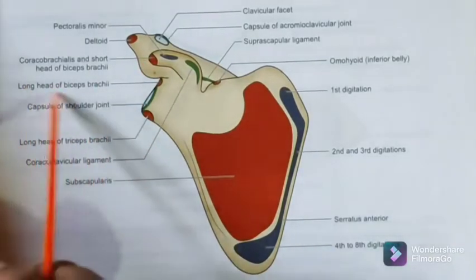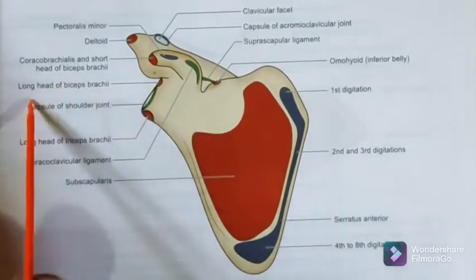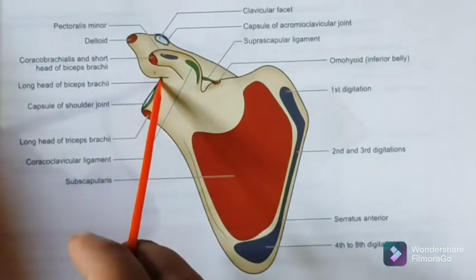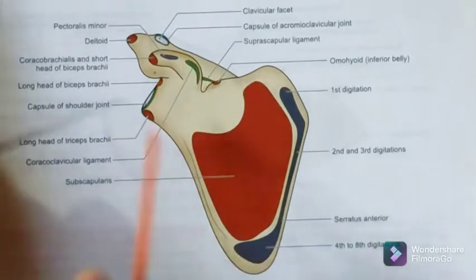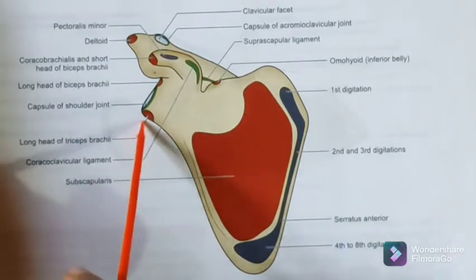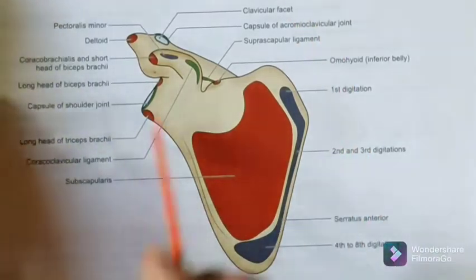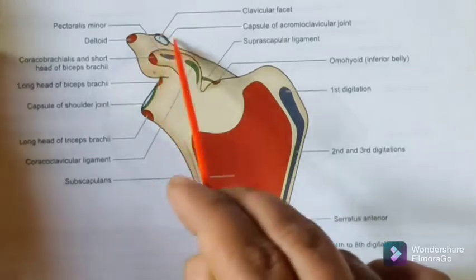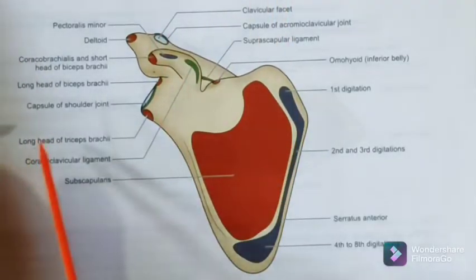Now you can appreciate the long head of the biceps brachii, it arises from the superior glenoid tubercle, and the long head of the triceps brachii arises from the inferior glenoid tubercle. This is the clavicular facet which articulates with the acromial end of the clavicle.